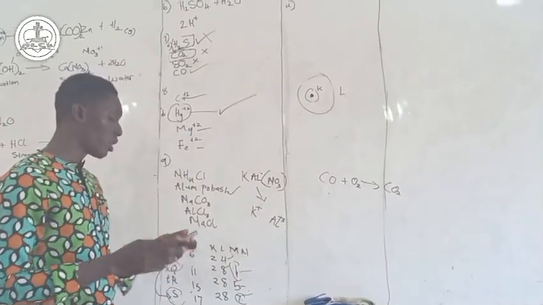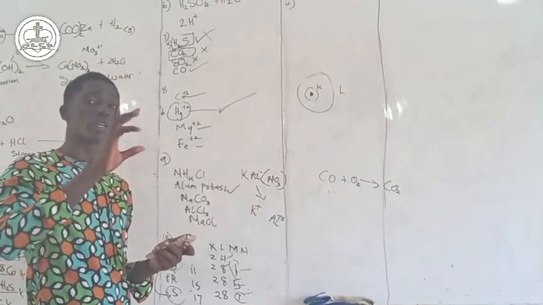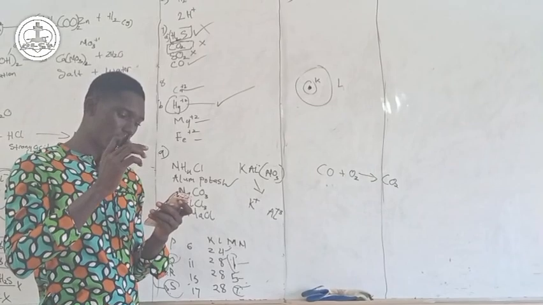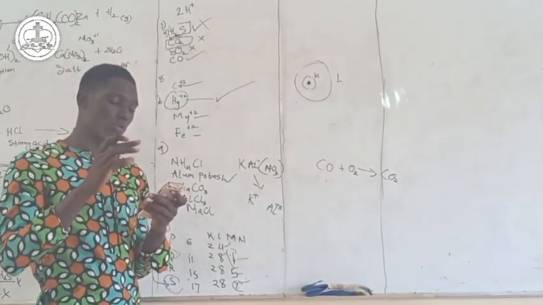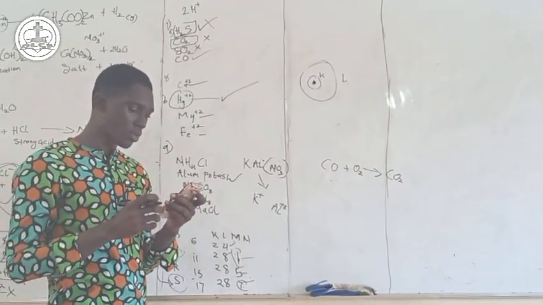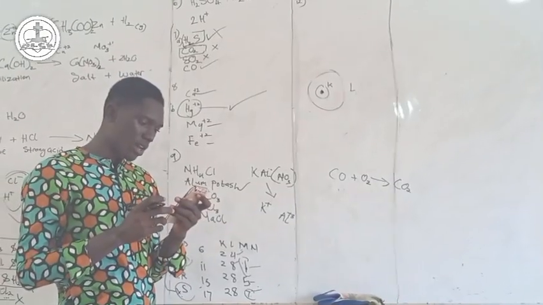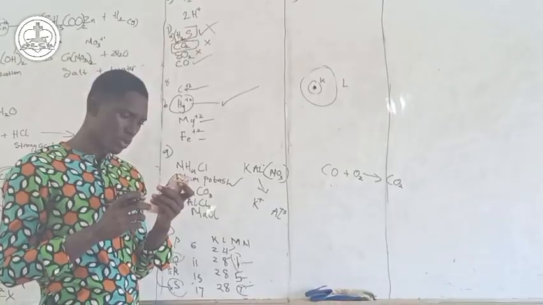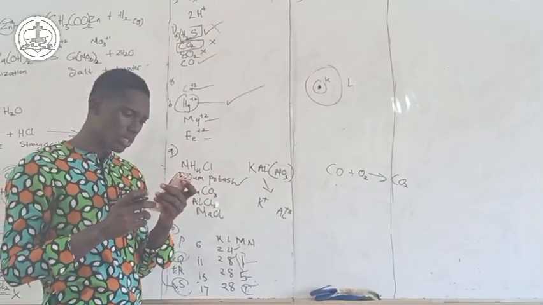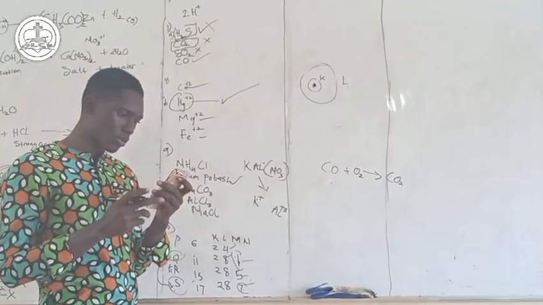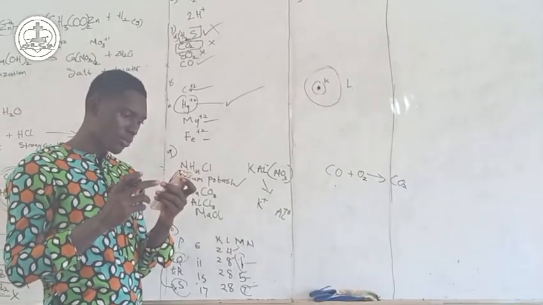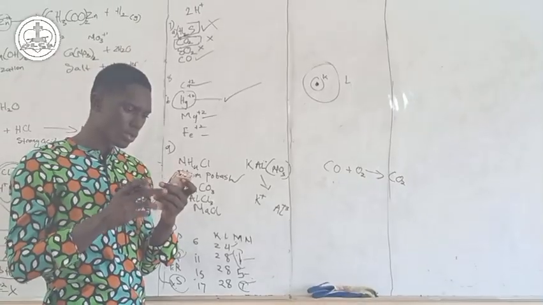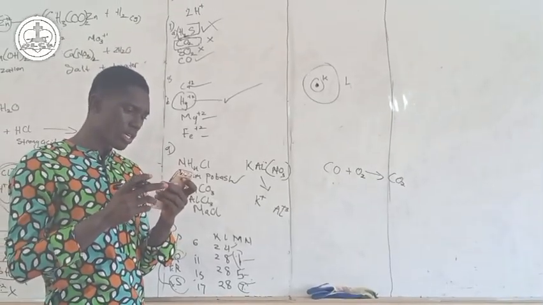The number of electrons an atom has at its outermost shell determines what group it falls under. Now to the next question, number 15. It says the number of protons or electrons of an atom represents its A electronegativity, B period, C number of shells, D group, E atomic number.